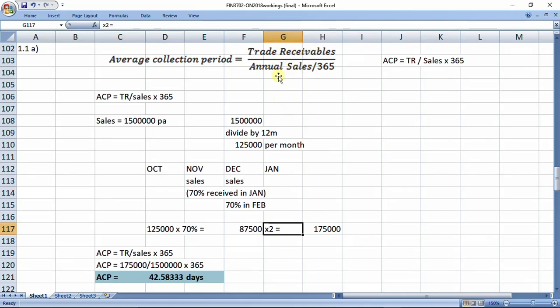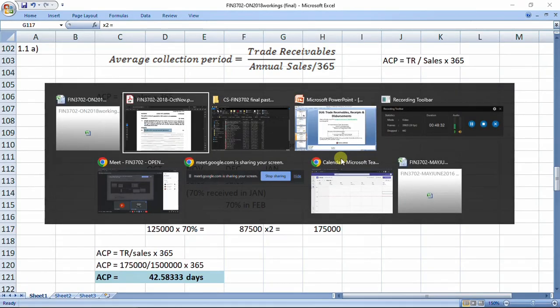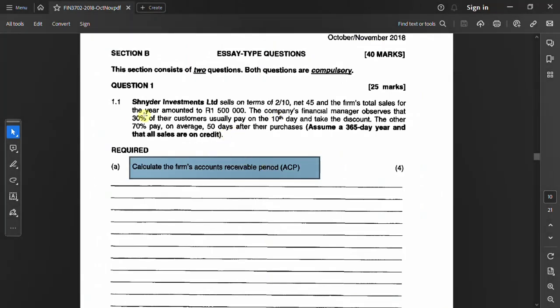When you have an average, you take the start and the end, divided by 2, to calculate an average. So when you're reading this, they tell you the other 70% on average pay 50 days after their purchases were made, and 30% usually pay within 10 days and take the discount.